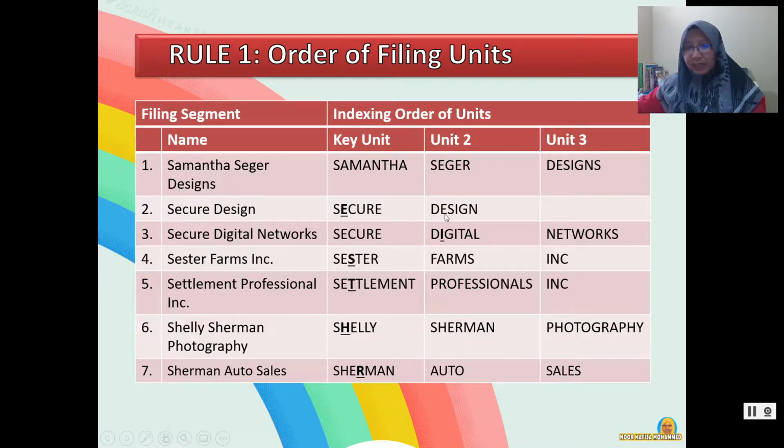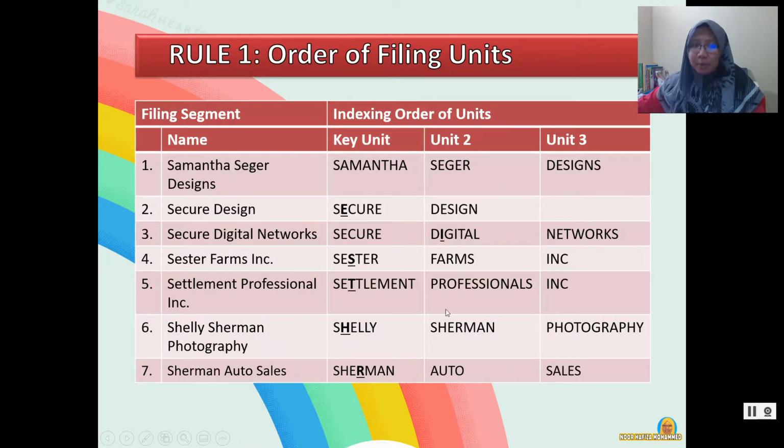The next letters are E and I, and E comes first before I. That's why Secure Design comes first before Secure Digital Networks. Then the next ones are SEST, SES, SET, and then SH, with E and H, and lastly, this one is SHE, this one is SHER. So this is how you are going to answer this.